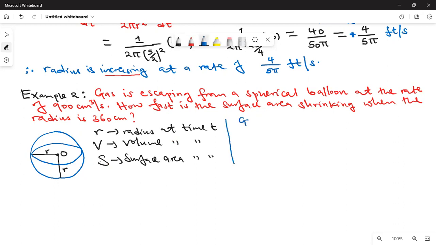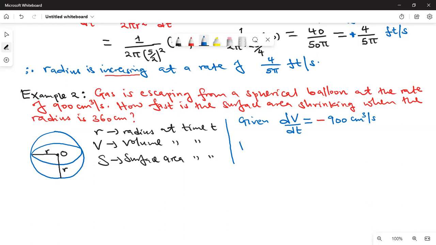So now what are we given? We are told gas is escaping from a spherical balloon at the rate of 900 centimeters cubed per second. That is, the rate at which the volume is changing, dV dt, is equal to negative 900 centimeters cubed per second. How fast is the surface area shrinking?